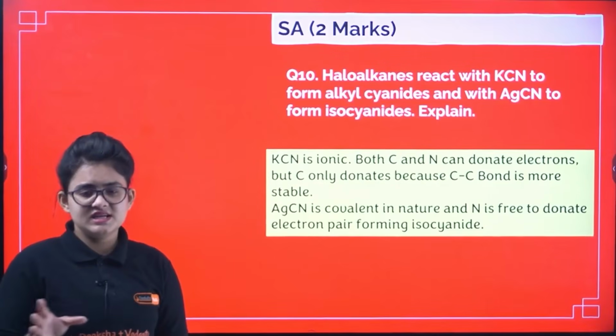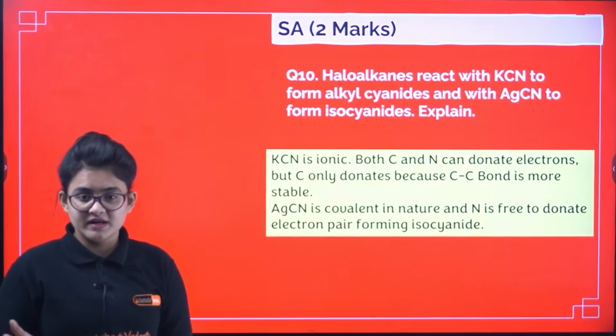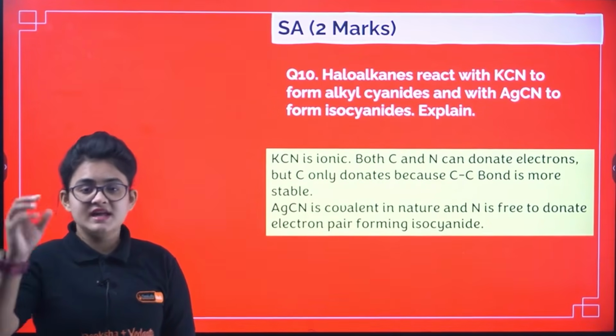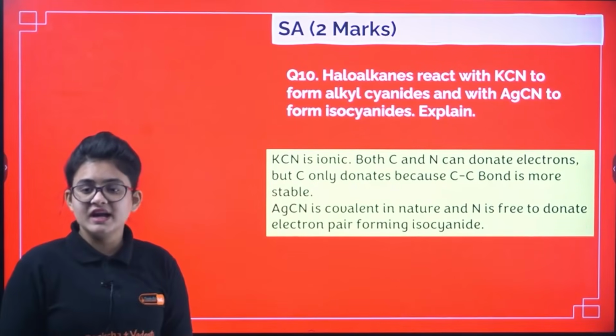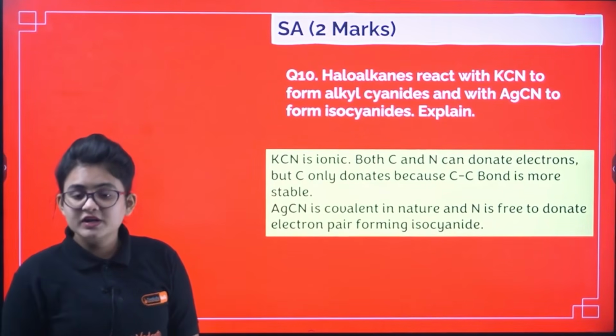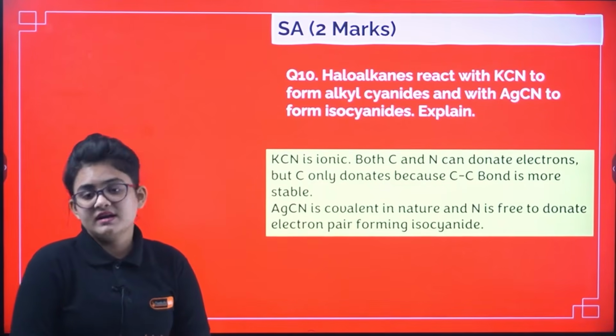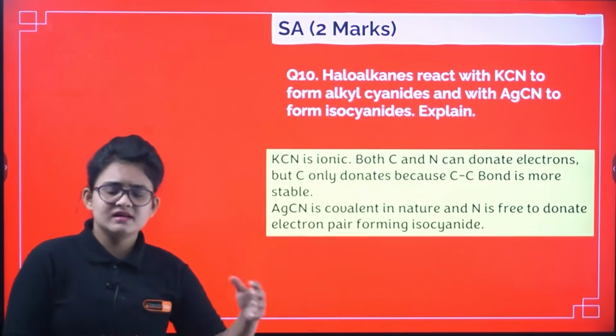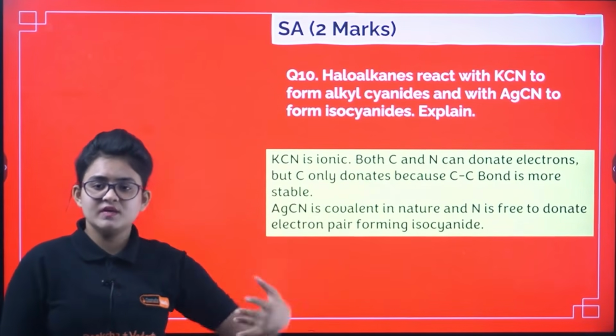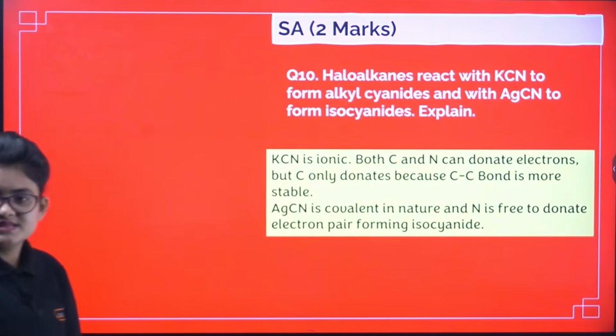That's the reason Ag and CN don't ionize properly. So from the nitrogen end they bind, from the nitrogen end they are free to donate, right? That's the result, they form the isocyanide type of compound. But for KCN, the carbon end reacts, that's why we get the cyanide.